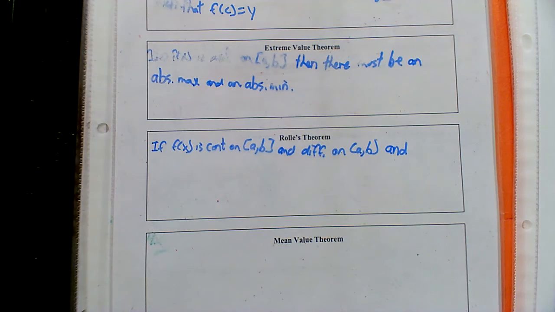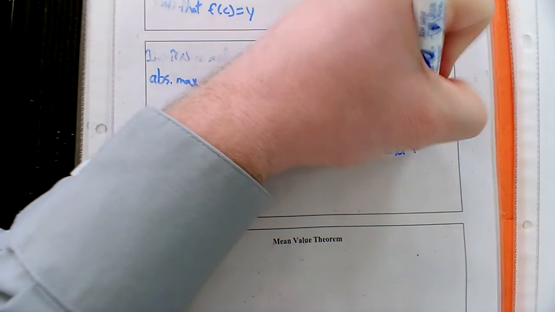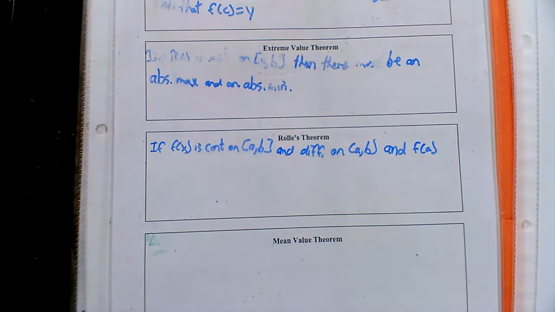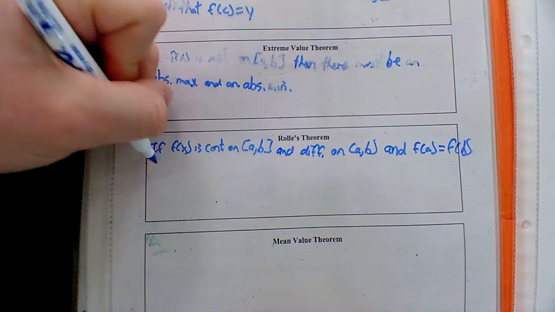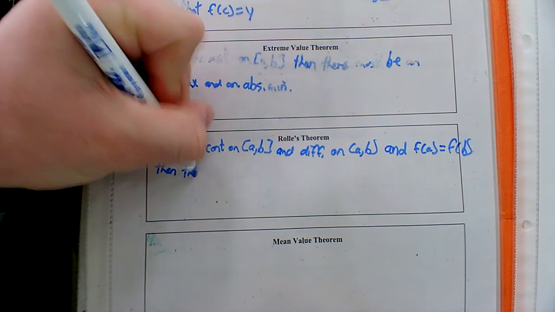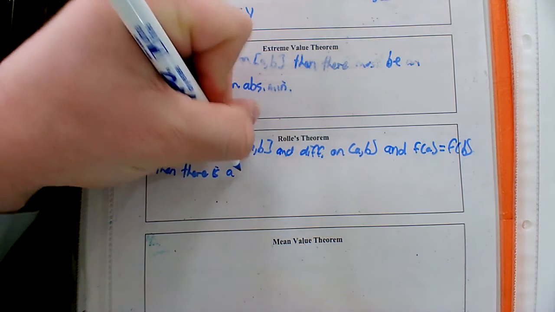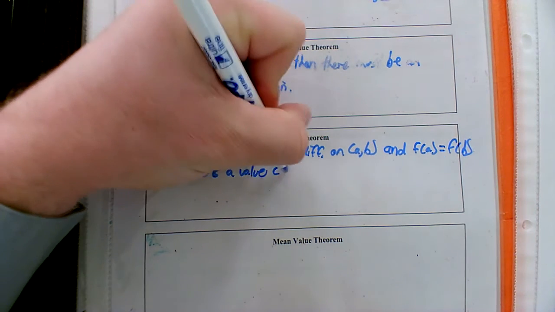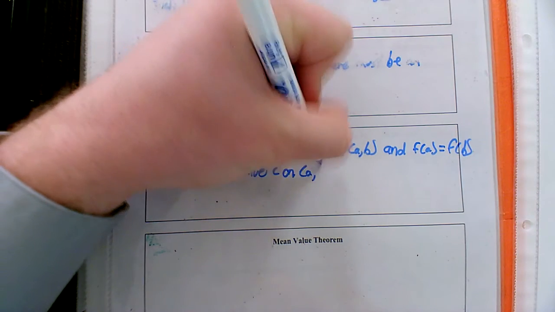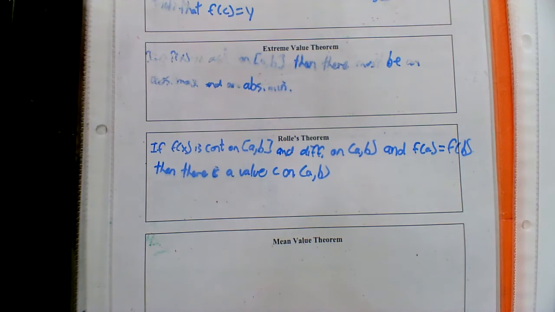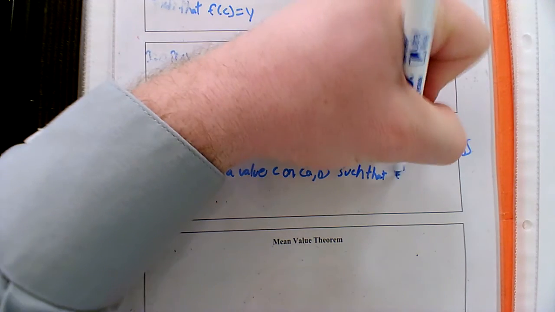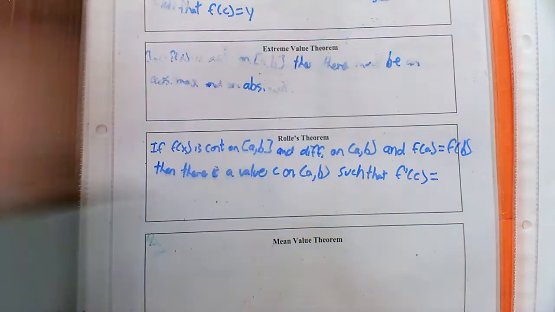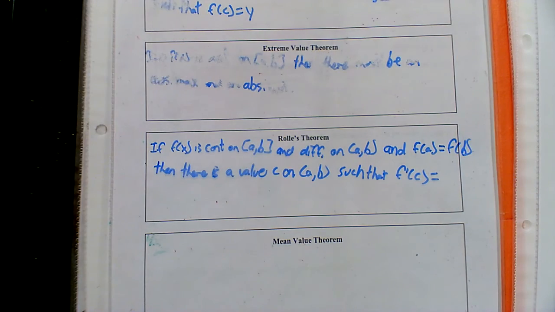And f of a what? What's the next part? F of a, do we remember? Equals f of b. Then there is a value c on the open interval (a, b) such that f prime of that value c must equal what? 0.